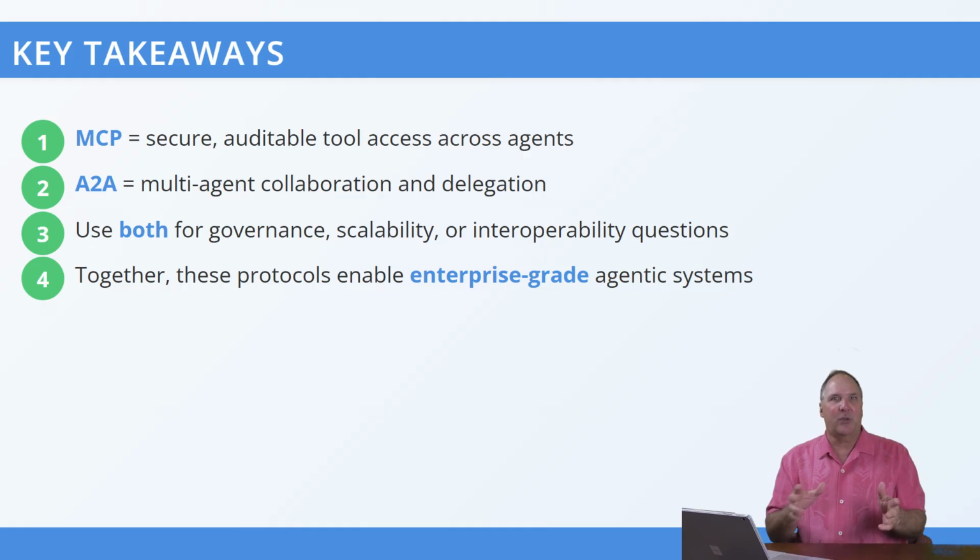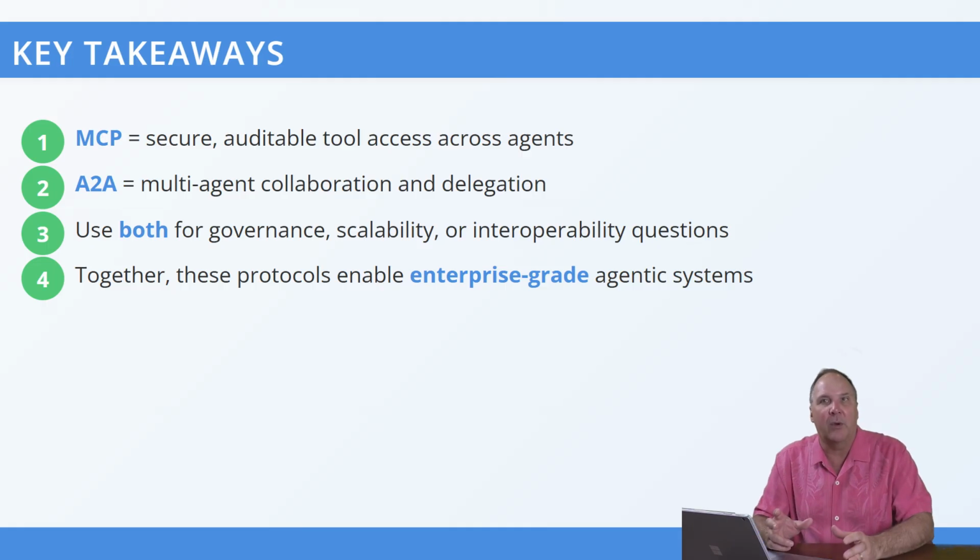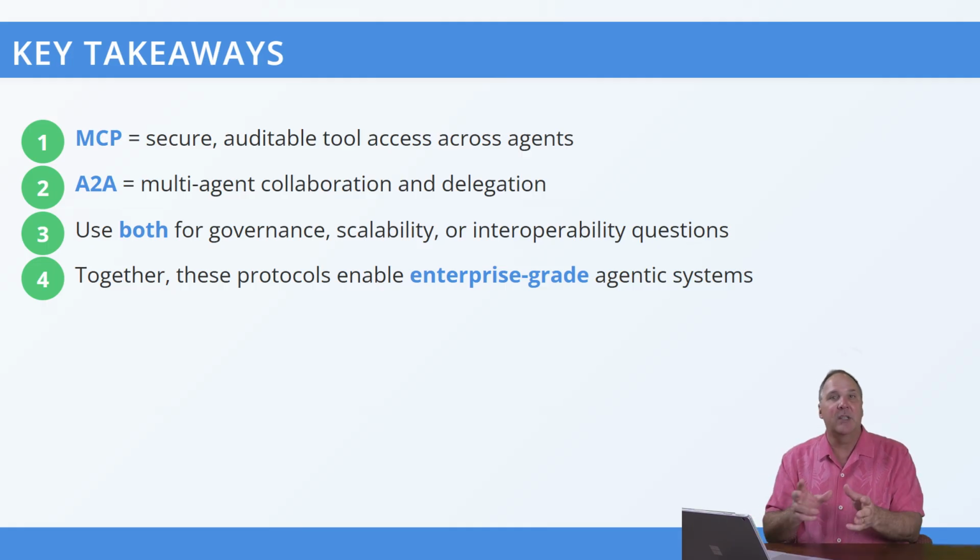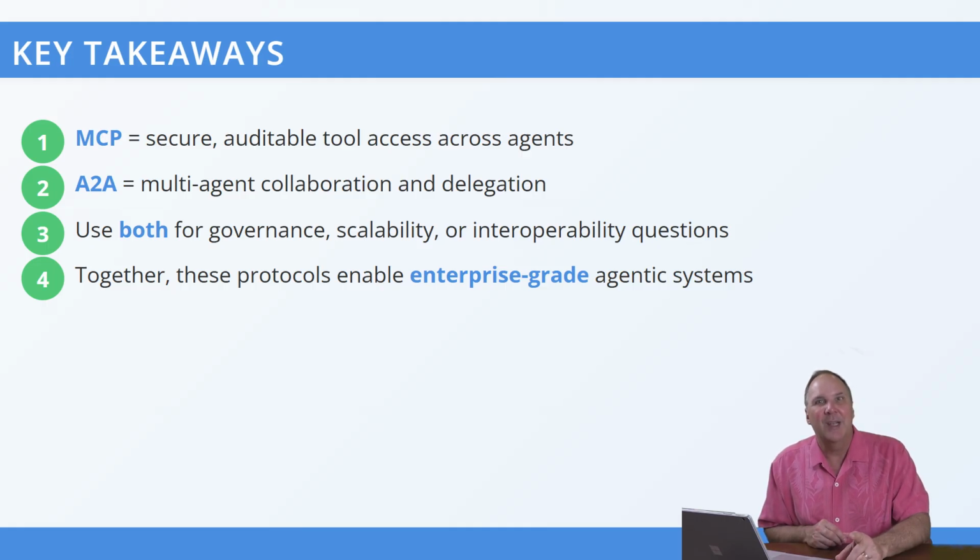It's how agents coordinate with each other. 3, use both of these standards in the exam answer when it involves governance, scalability, or interoperability. They signal that you understand enterprise-grade design. 4, these protocols enable enterprise-grade agentic systems. Neither one alone is enough for complex scenarios.